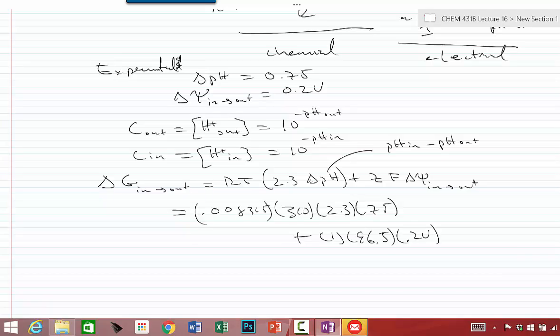Let's go ahead and just calculate the first term first. I like to do this in parts. If we put that into our calculator, you guys should follow along, make sure I don't make any mistakes. I'm prone to mistakes.